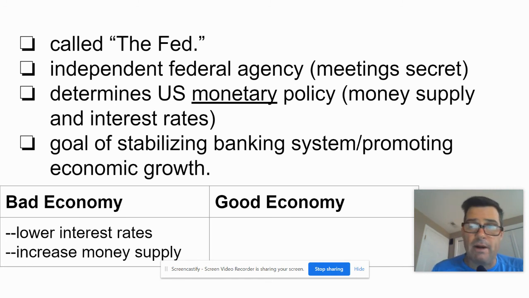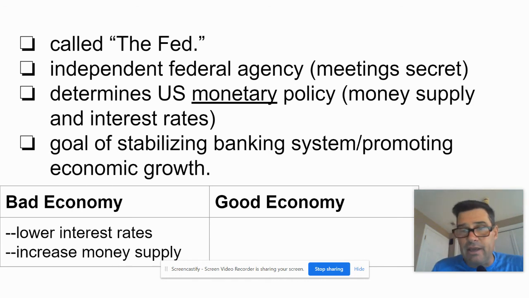If you and I borrow money to buy a car, that helps economic growth. If you and I buy or build a house, that's economic growth. So lowering interest rates would help an economy. A bad economy needs lower interest rates and then an increase in the money supply. Why? There need to be more dollars out there so people can go out and borrow more money.